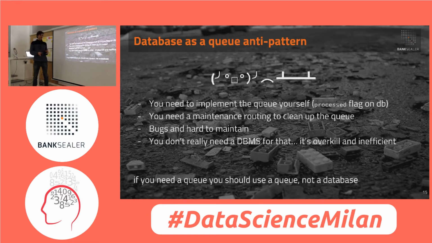I mean, there are queues, like Kafka or RabbitMQ, and it's better to use the proper tool for the proper job. We started two months ago working with Kafka, and we are trying to move from this model to Kafka. So this is just an interesting architectural pattern we discovered that way.